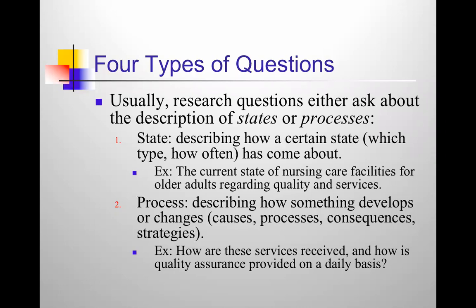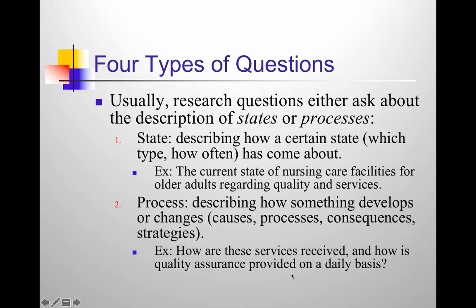Process is a little different. This describes how something develops or changes in terms of causes, processes, consequences, and strategies. So how are these services received, and how is the quality assurance provided on a daily basis?